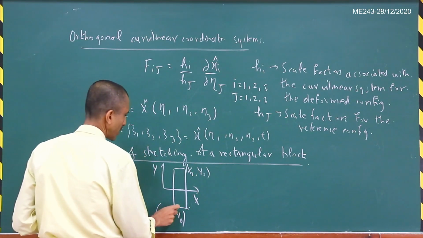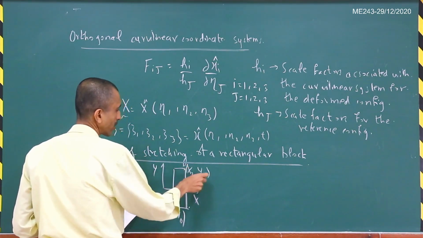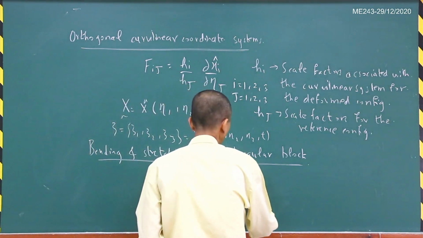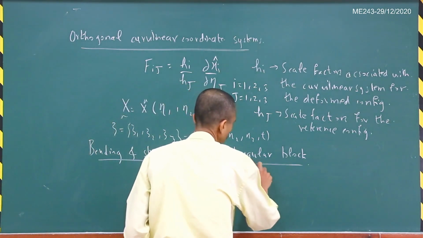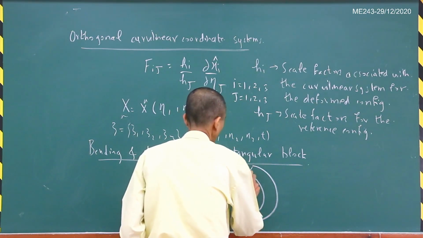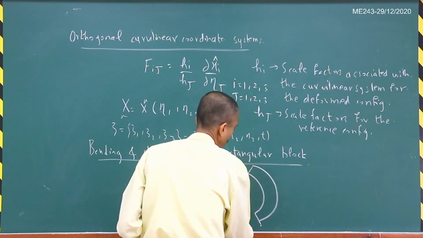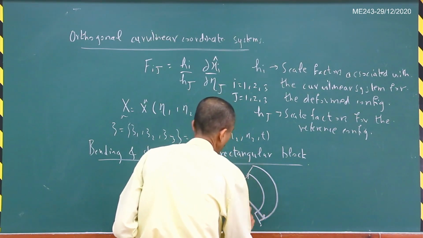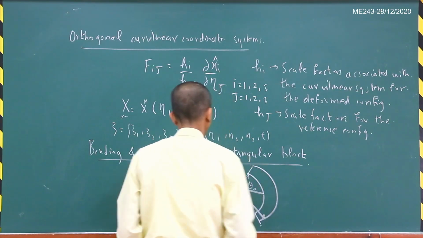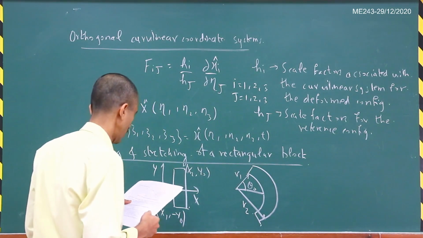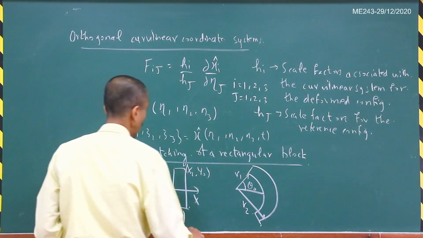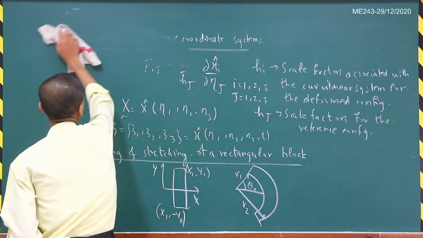This corner is x1, y0, this corner is x2, y0 here, and it goes into this deformed configuration. Let us look at the deformation corresponding to this.